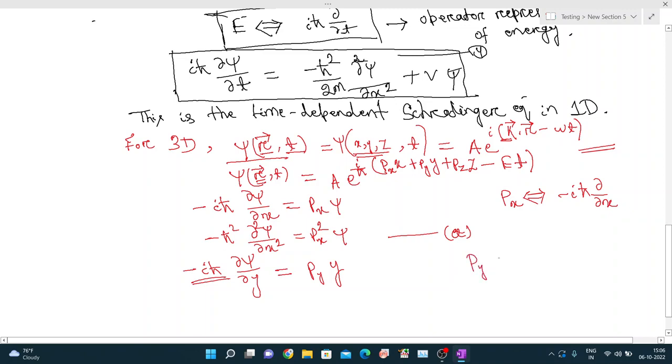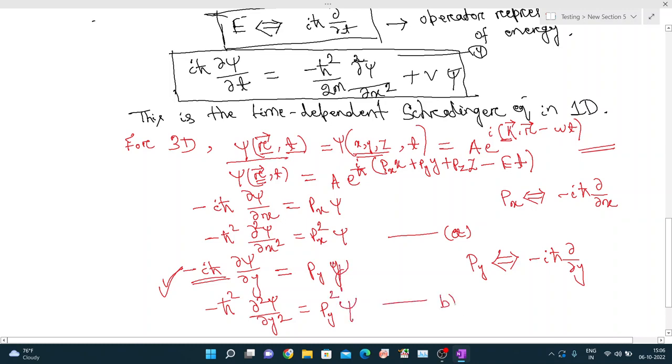So the operator representation of py is minus i h cross del over del y. Differentiating again with respect to y and multiplying with minus i h cross, the answer is minus h cross square del square psi by del y square, which is equal to py square into psi. This is equation number B.